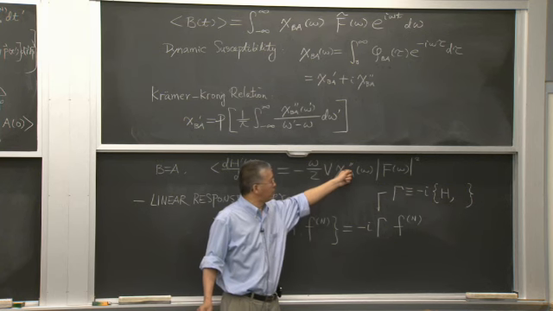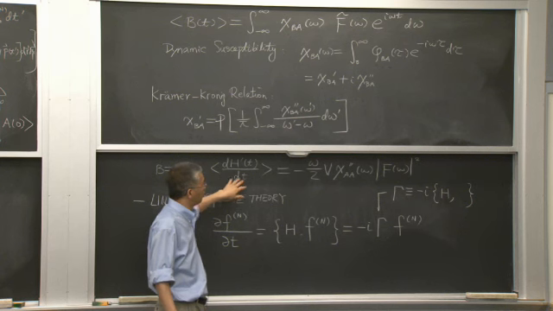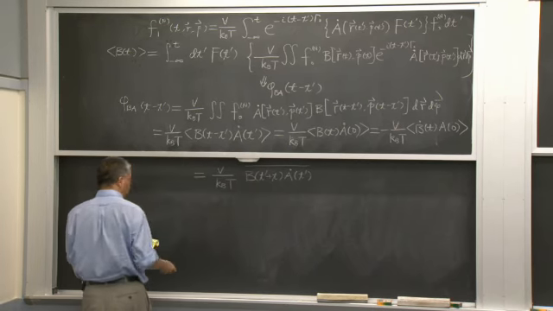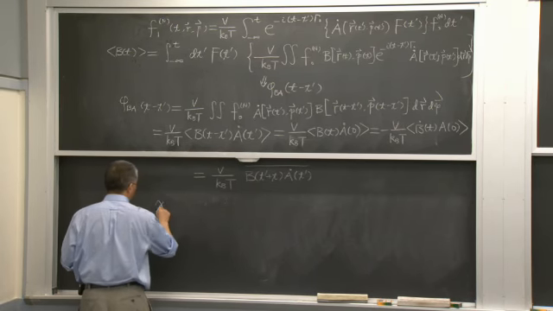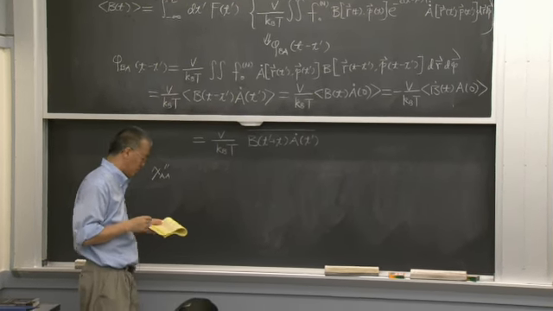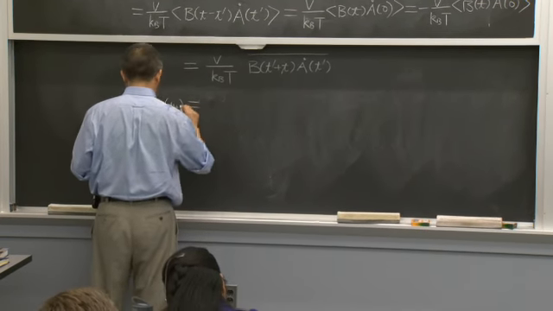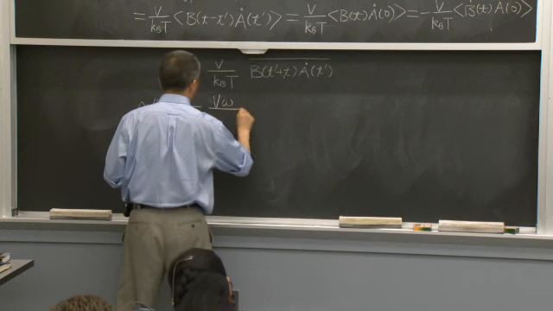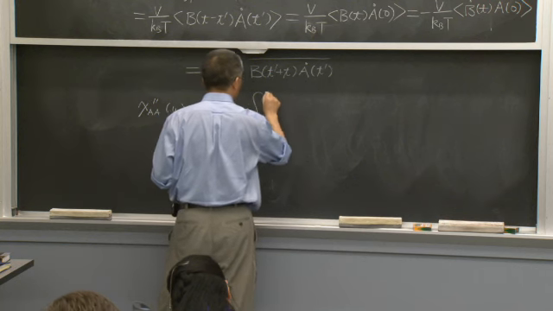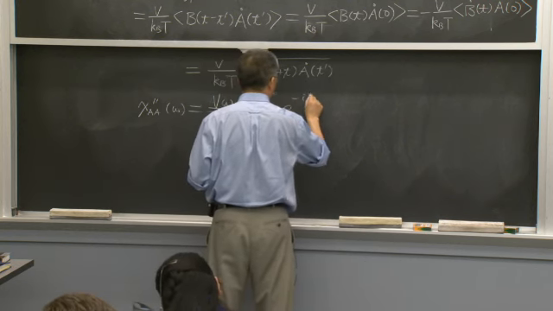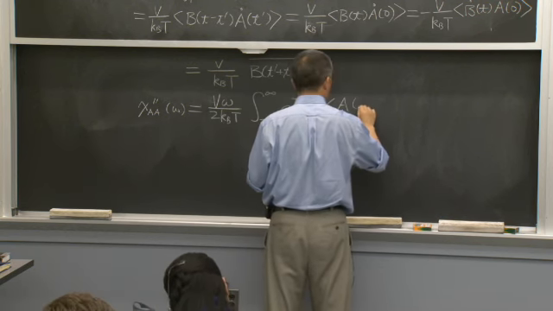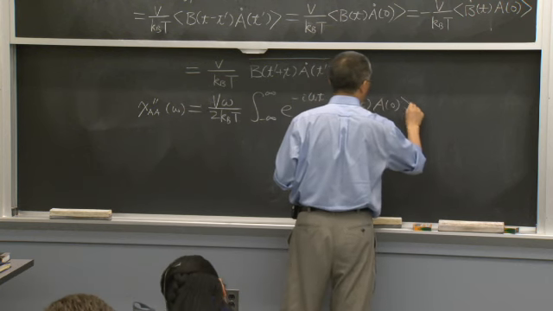So now the imaginary part can be related to the autocorrelation function when B equals A. From that expression, I can write the imaginary part of the susceptibility as a function of frequency as V omega over 2 kBT, integral from minus infinity to plus infinity of exponential of i omega t, times the average of A at t, A at 0, dt.